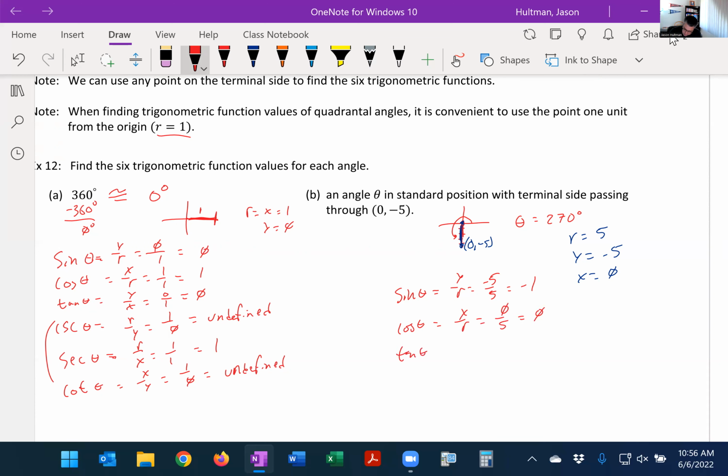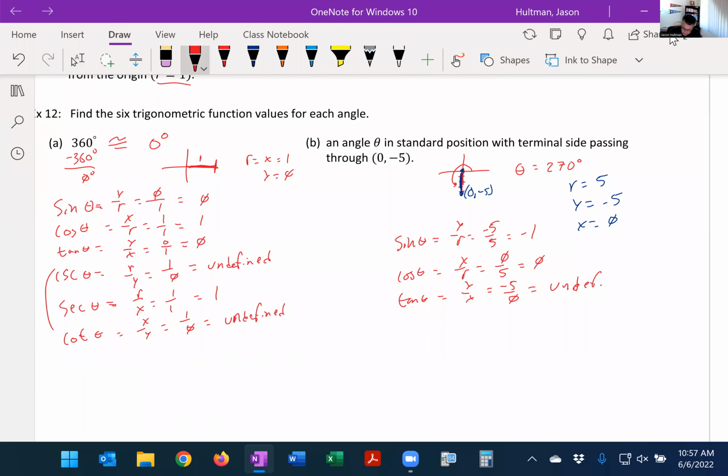The tangent of theta is going to be y over x, which is -5 over 0. And again, we can't divide by 0, so this is undefined. I'm going to abbreviate that here so I don't have to write out the whole thing.